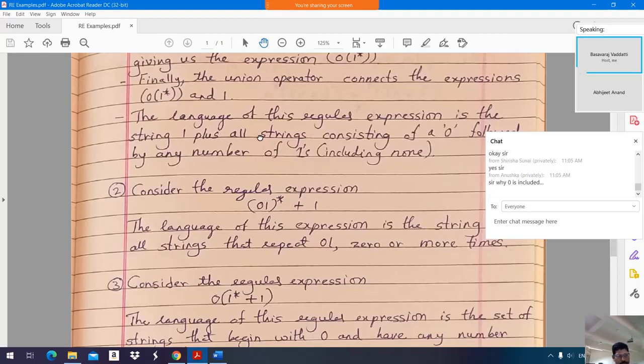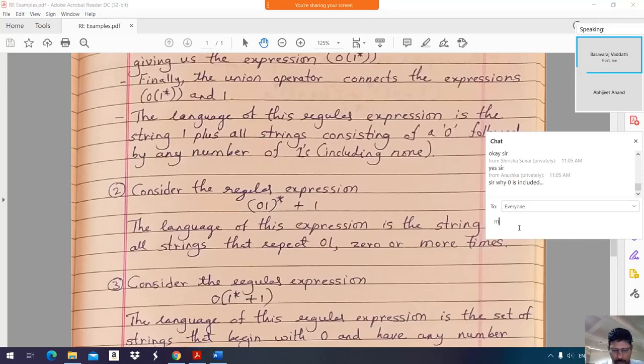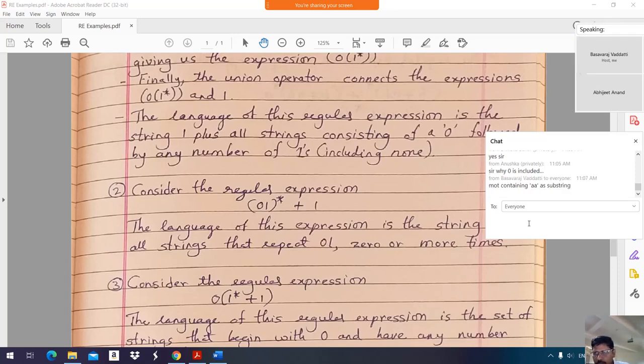Write a regular expression representing the set of all strings not containing AA as a substring. Is it clear? Problem statement.